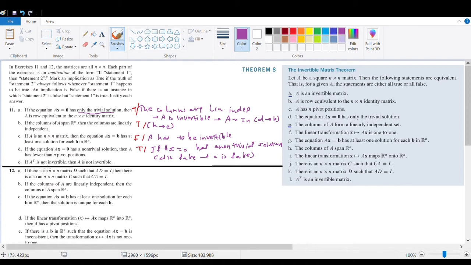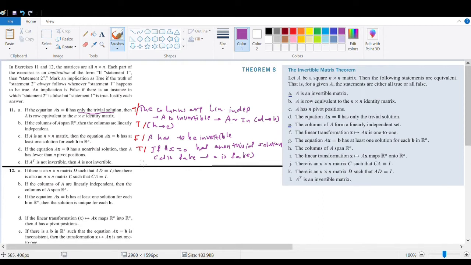So then the last one, if A transpose is not invertible, then A is not invertible. This one is true because A transpose is an invertible matrix if A is also an invertible matrix. Now if A transpose is not an invertible matrix, that means A also is not invertible.